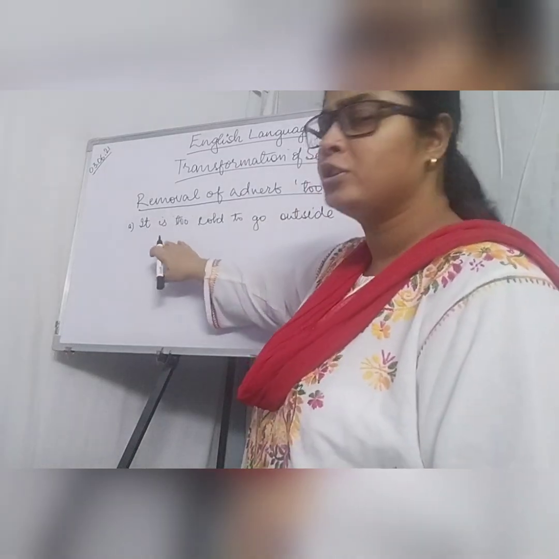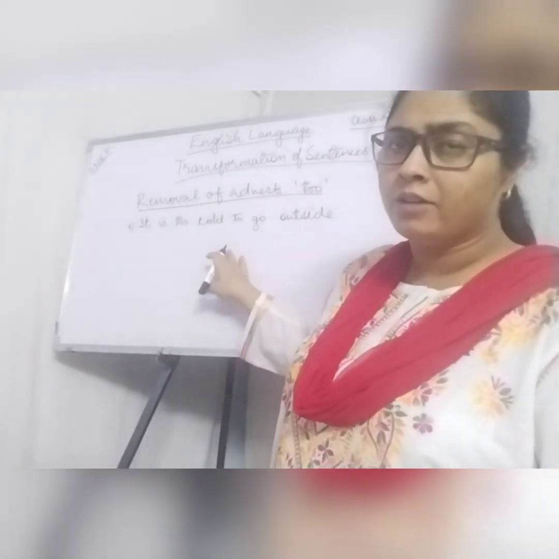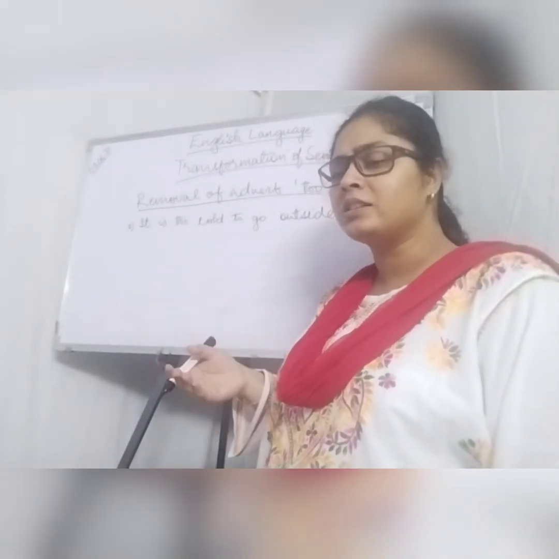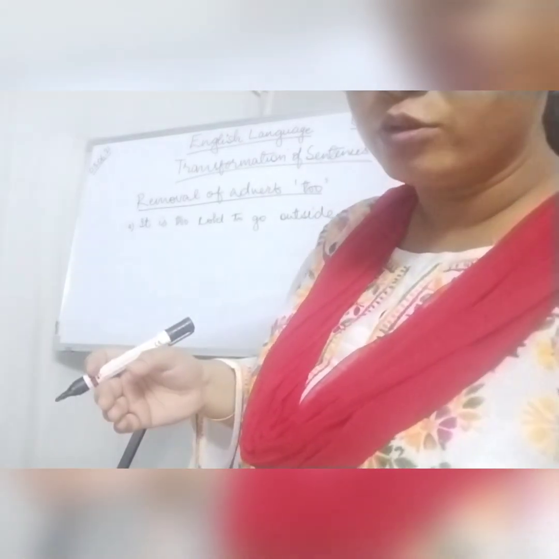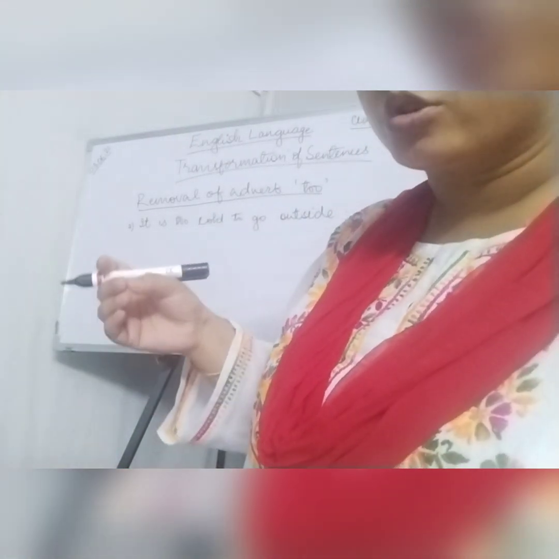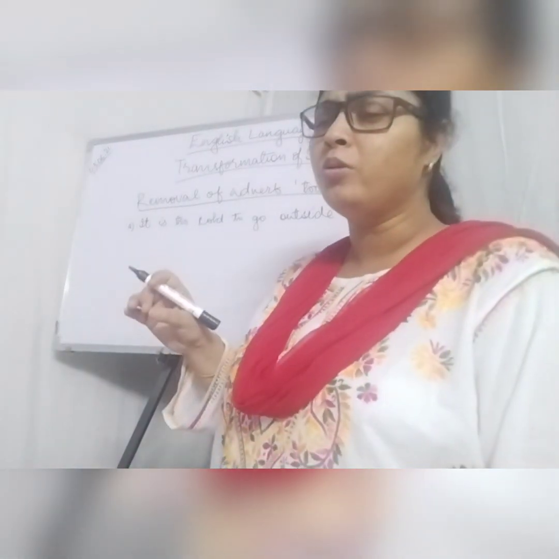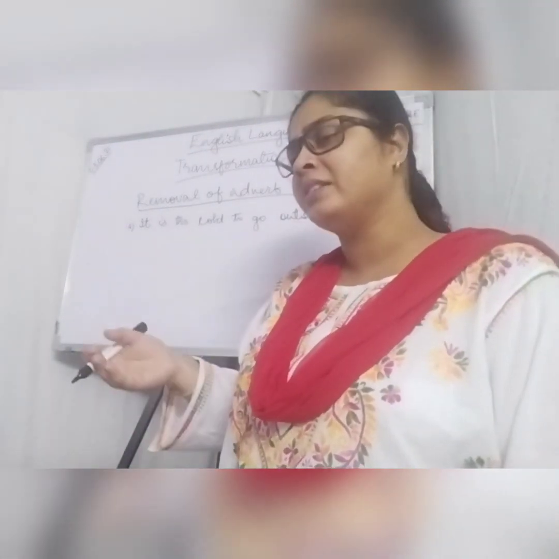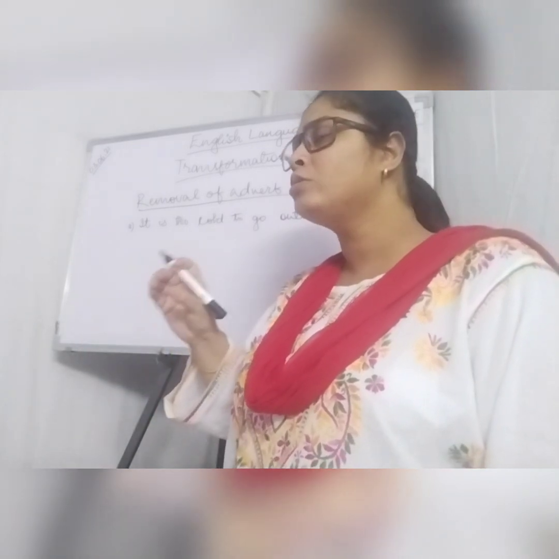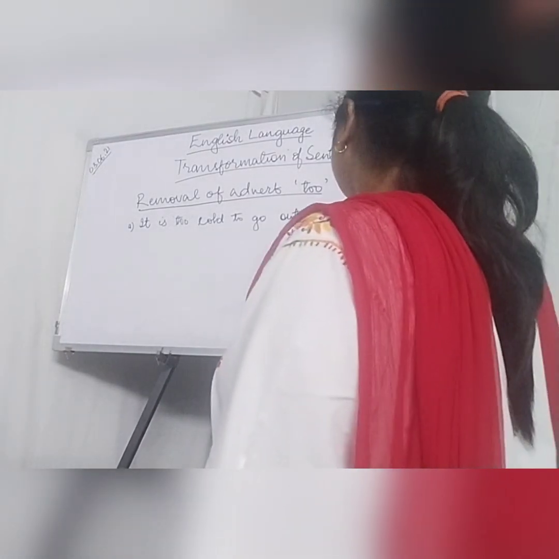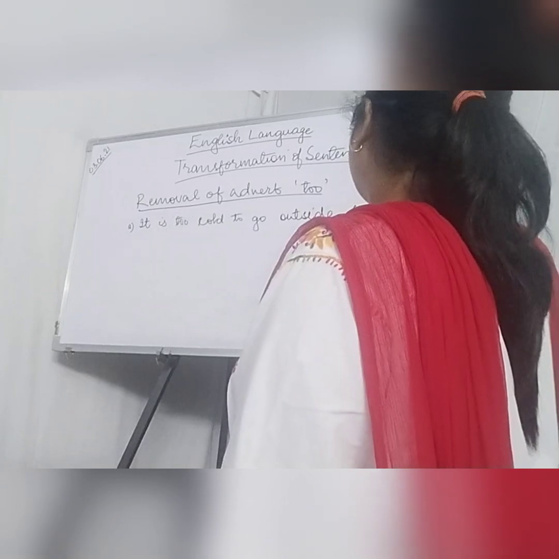I have written it is too cold to go outside. And what sort of transformation is this? In this type of transformation, we have to remove too. So whenever we are removing too, remember that when we rewrite the sentence, we always use so and that.